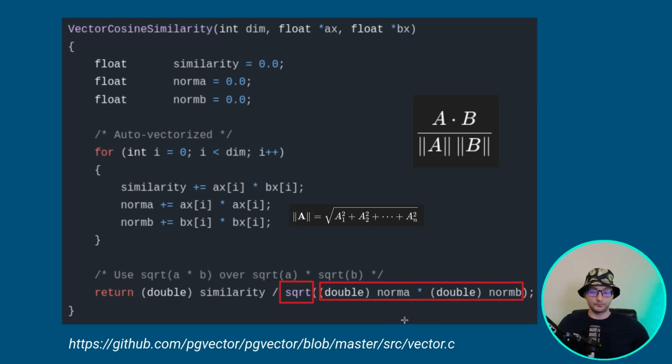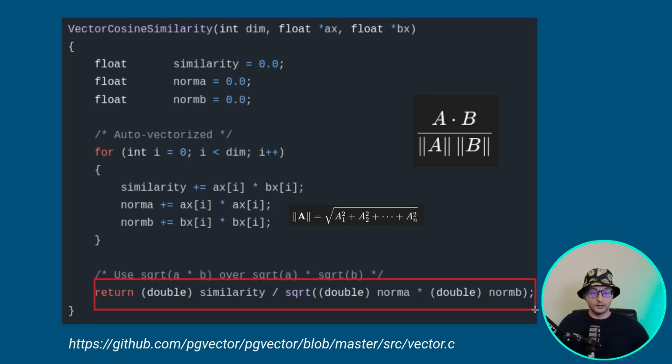The reason for this is probably because it's more efficient. Instead of doing the square root operation twice, here we just need to do it once, so it will probably be more efficient this way.